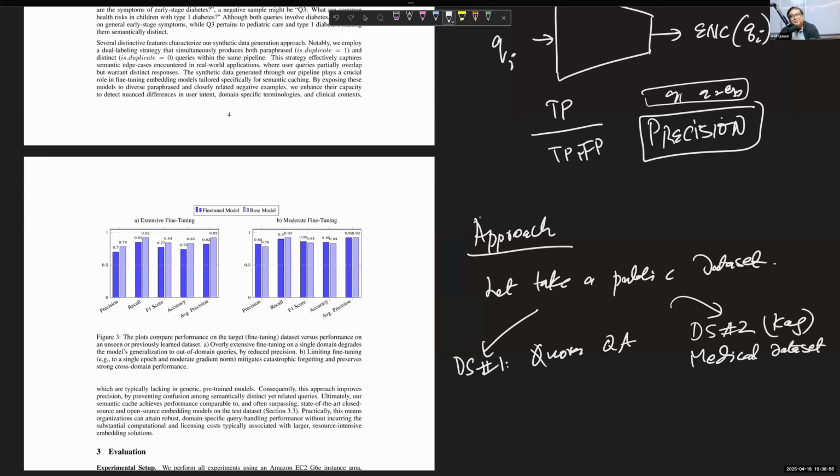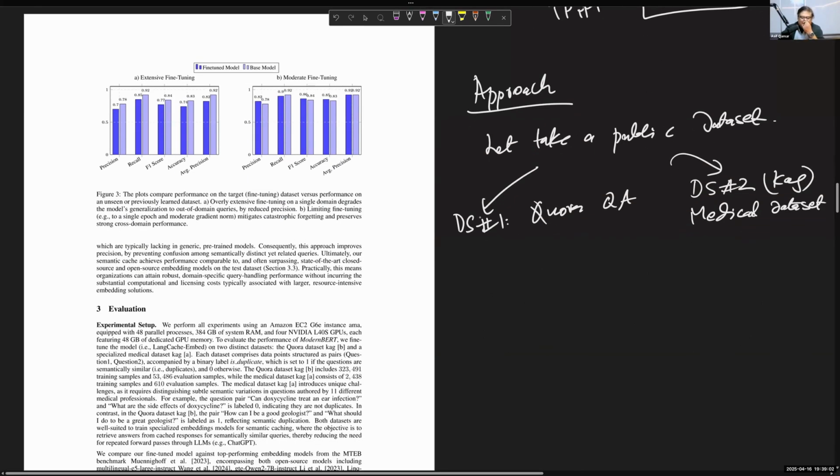Like I said, type 1, type 2 diabetes are entirely different beasts, even though they use the same words. So they take these two data sets. Now what do they do? These data sets come as a question and an answer. So what they do is something quite interesting.